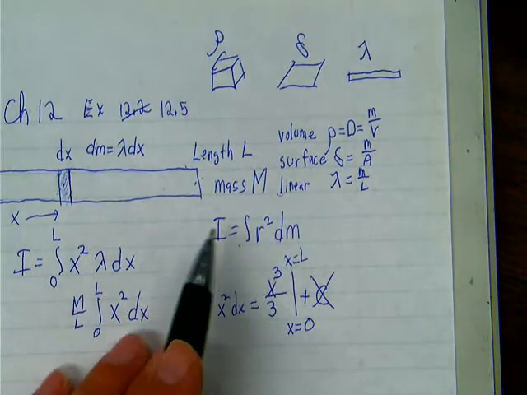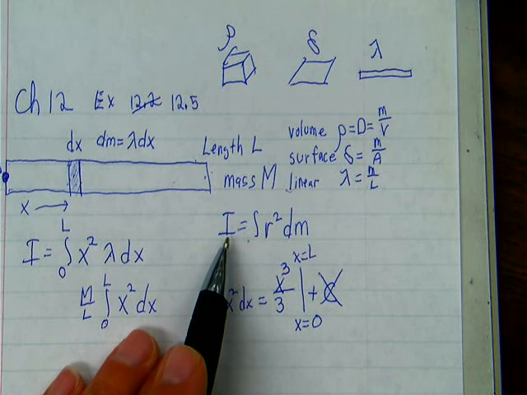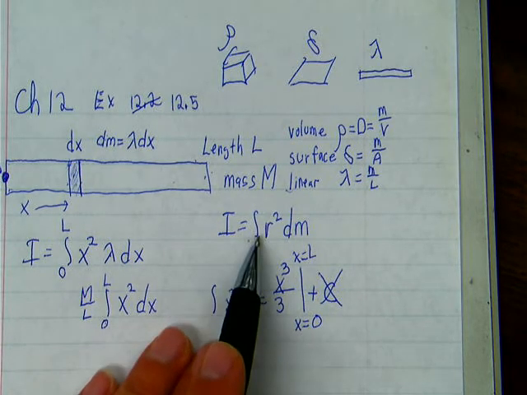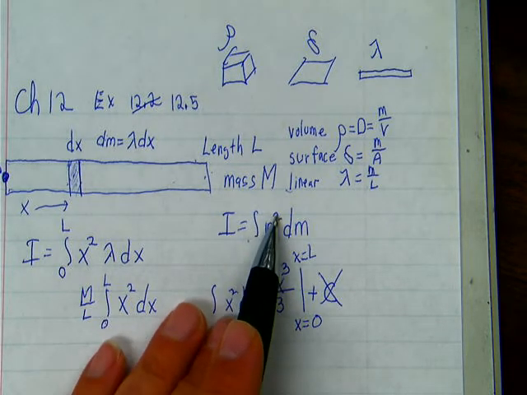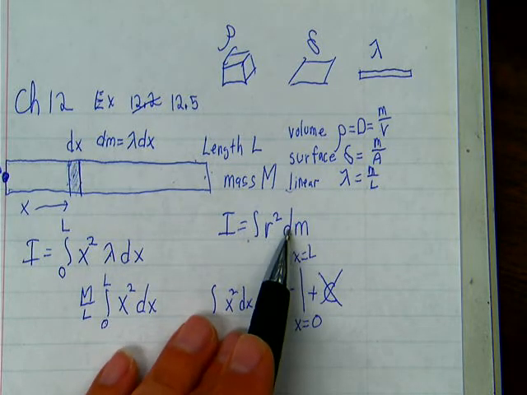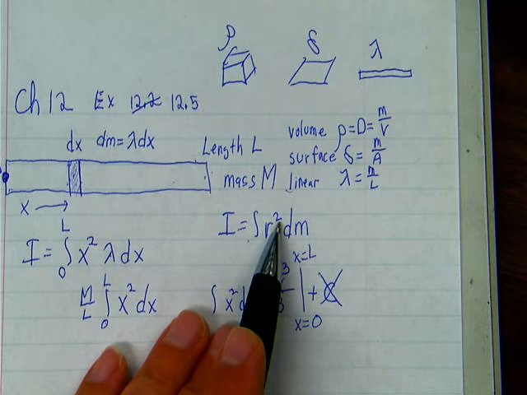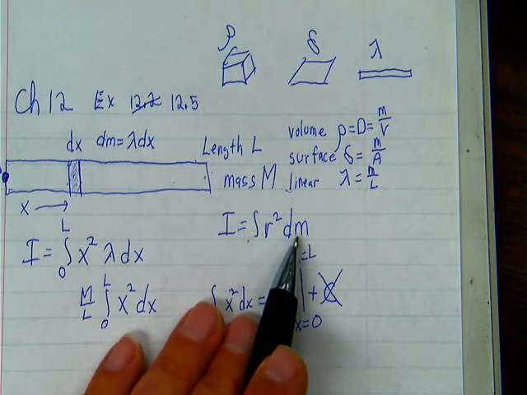The generic formula for calculating the moment of inertia for any rigid object through an arbitrary axis of rotation is the integral over the dimensions of the object of r squared times the differential element of mass, where r is measured from the axis of rotation to the location of that differential element of mass.